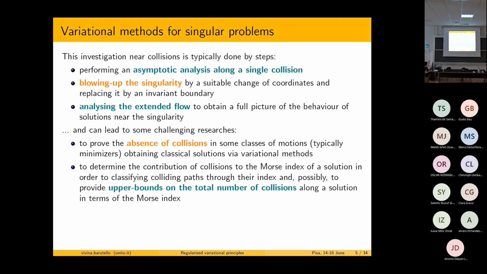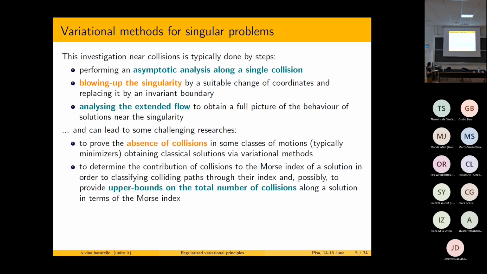And then you make an analysis trying to extend the flow at the singularity. Okay. Once you have done this, more or less this step, you can try, and it has been done in many situations, to prove that these solutions, this motion that you have found, indeed don't have any collision.